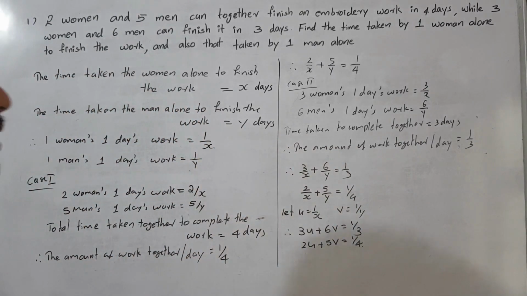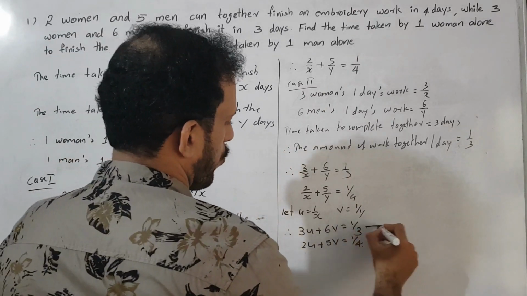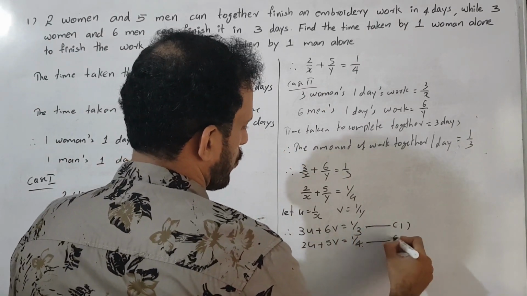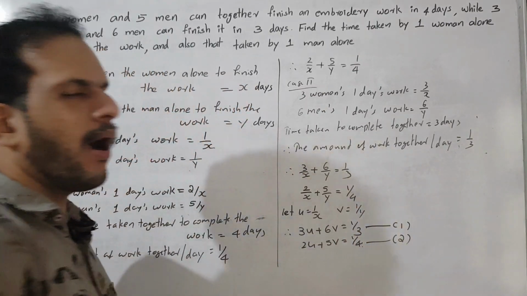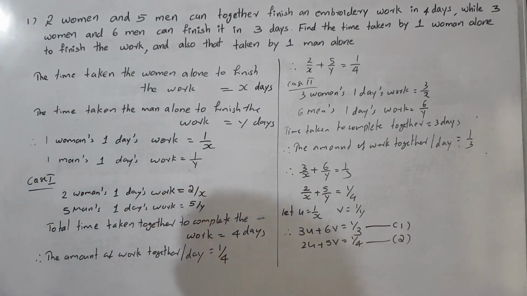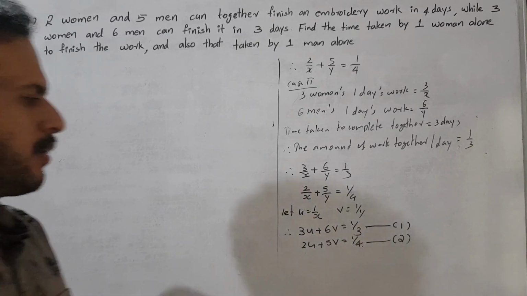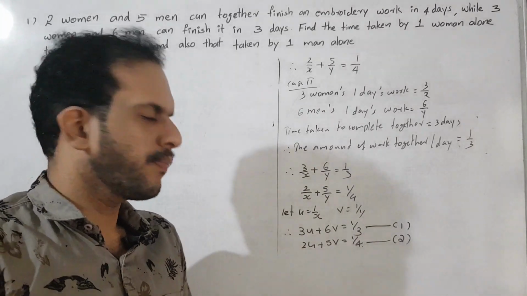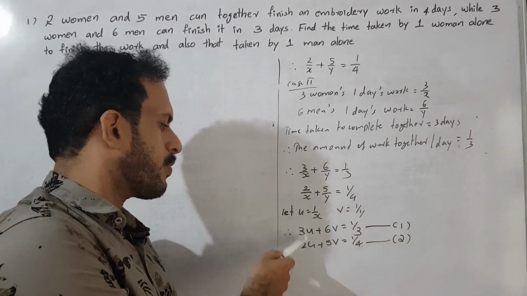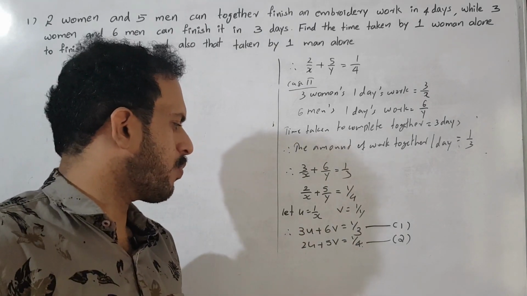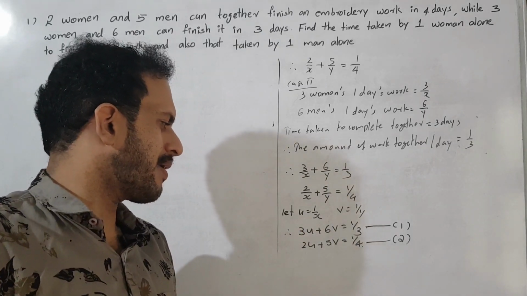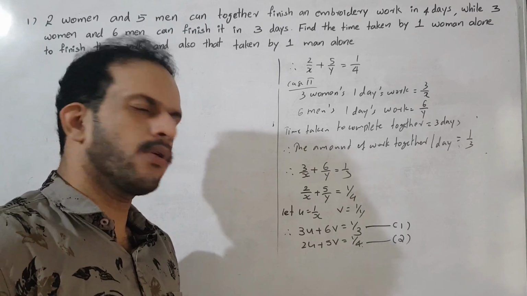Okay, here we are writing this as equation 1 and this one is equation 2. Then next we need to continue again. Here, what is the difference? The coefficients of u and v are not equal, so we equalize them. Here I equalize the coefficient of u.